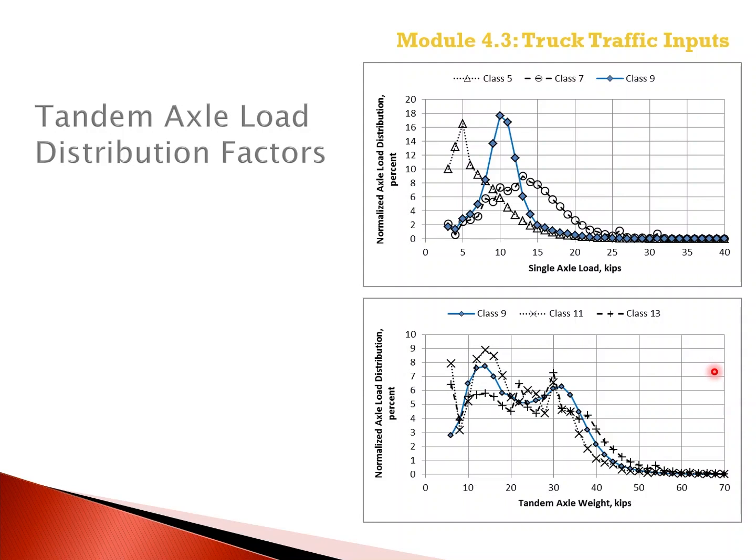The axle load distribution factors are derived from the weigh-in-motion data. There are different WIM devices that collect axle weight data as well as vehicle classification data. The two examples shown on the slide are for different vehicle class distributions. The upper graph displays the single axle load distribution.